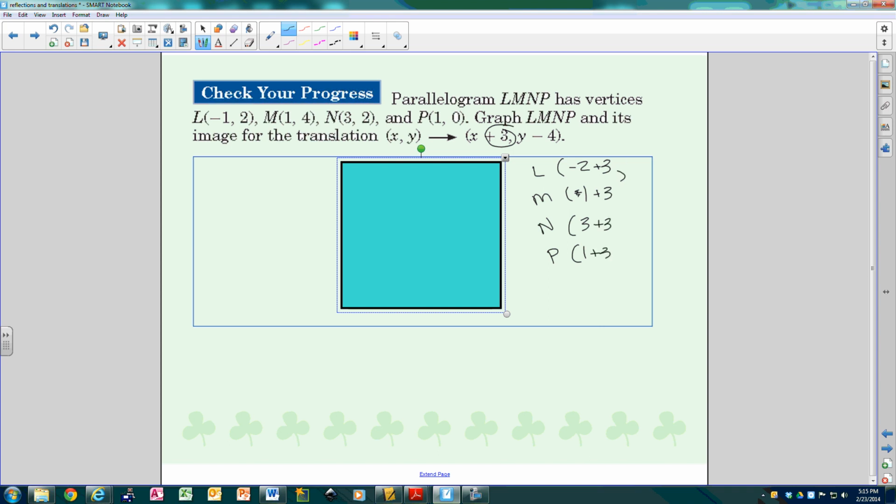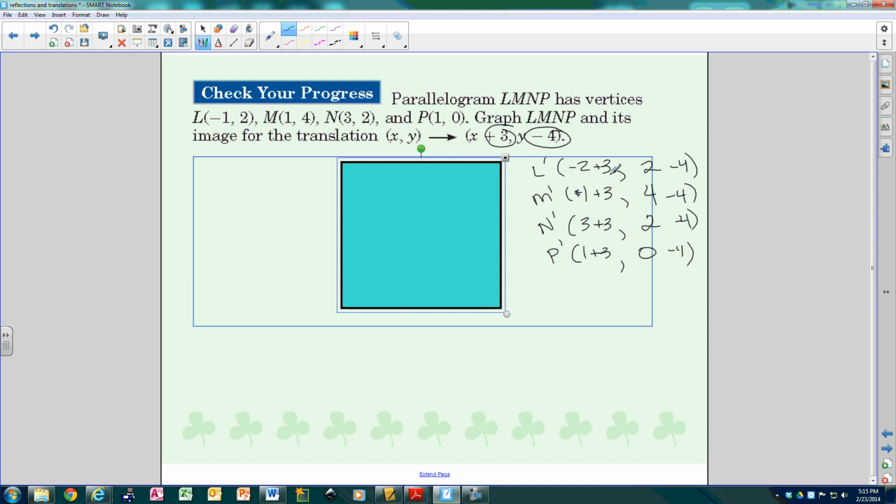And then I'm going to put my commas because those are going to take care of my x values. And these are primes because these are the image. Sorry. And then I'm going to write down the y values. So 2, 4, 2, and 0. And they want me to subtract 4. So I'm going to subtract 4 from all my y values. These are real easy to do.